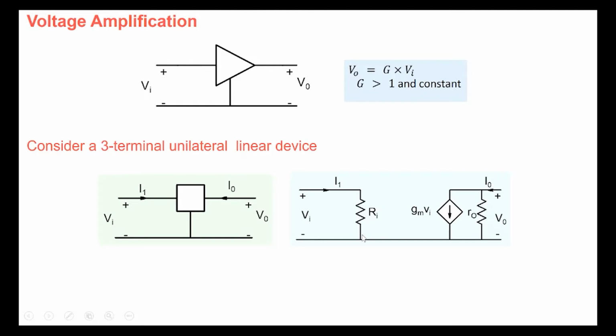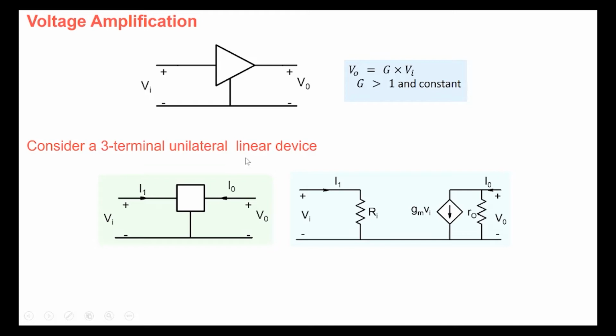Note that in a two-port representation, we would have had a term here also, which would have depended on the output voltage. But because this is a unilateral device, there is no element on the input side which depends on the output voltage. So the input side can be simply represented by a resistor Ri here.